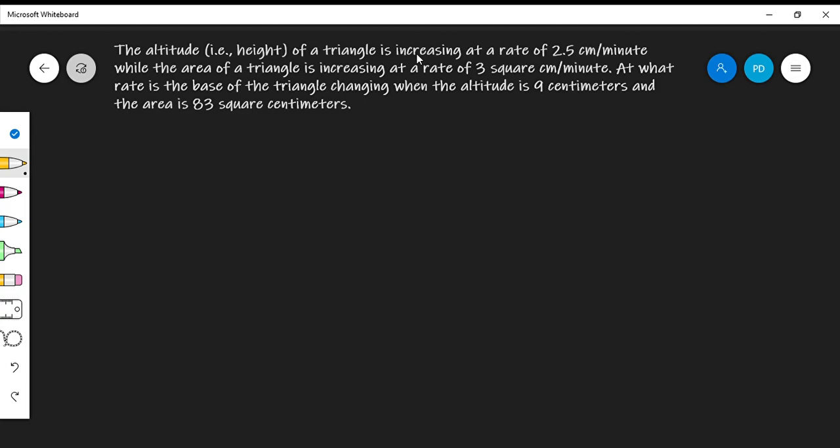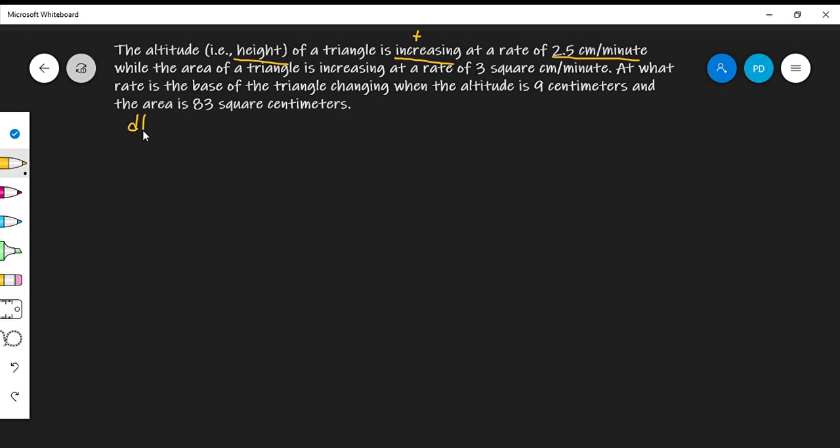So we're going to break down everything that's given in the problem and make it easier. The height is increasing, so that means dh/dt is positive at a rate of 2.5 centimeters per minute.